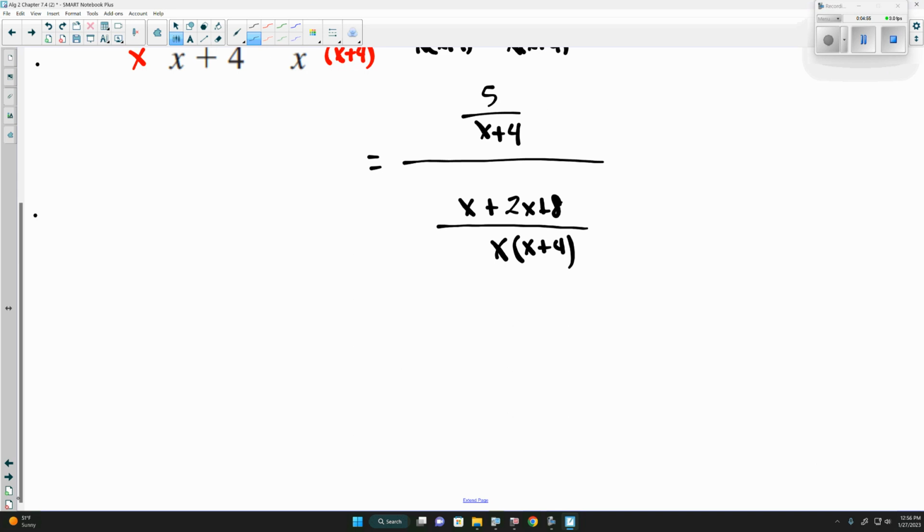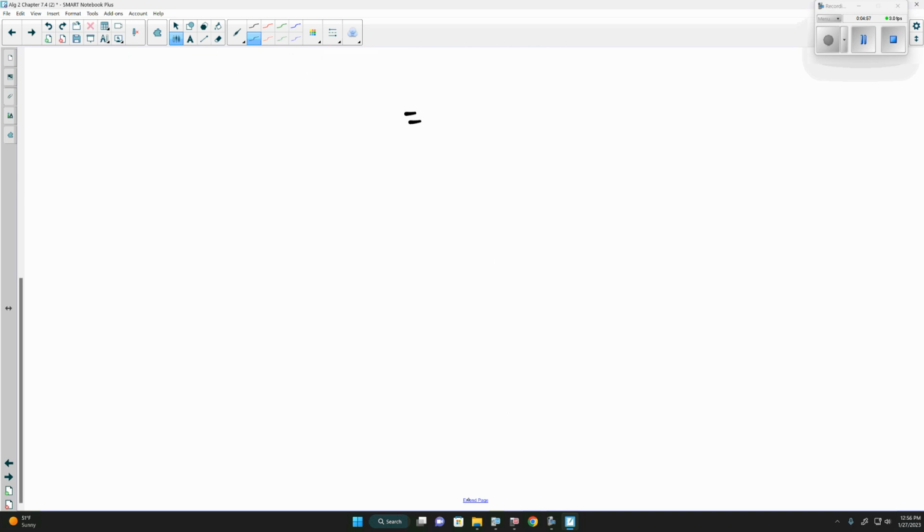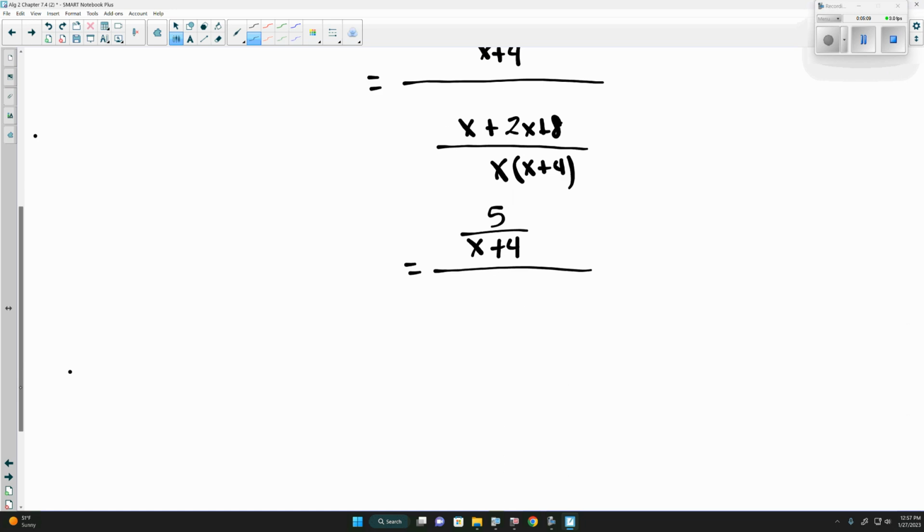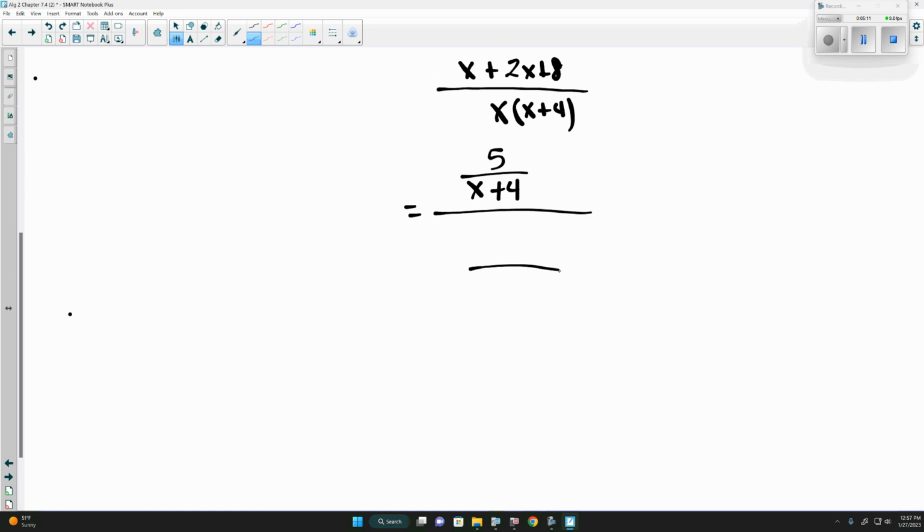Well, we can simplify that. The numerator is still going to be 5 over x plus 4. And the denominator, x plus 2x is 3x, plus 8 over x times x plus 4.